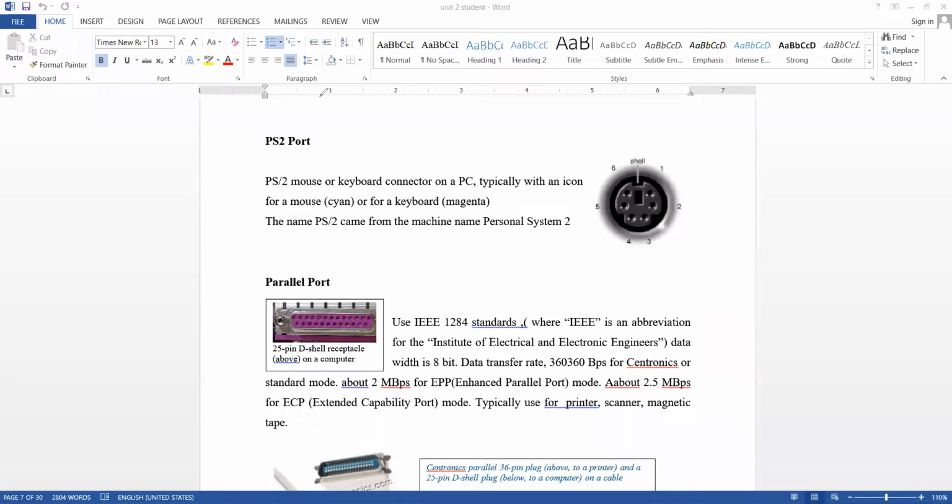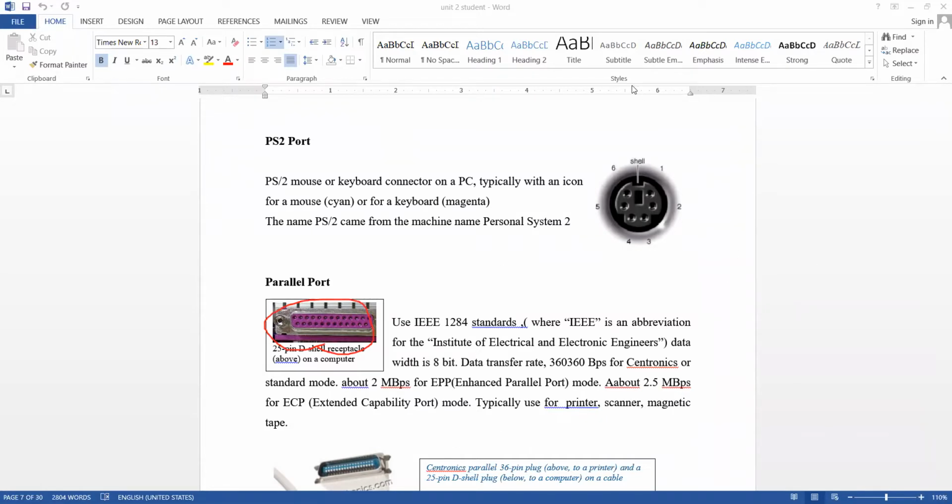Then you have the parallel port. With the parallel port we used a bit larger one, with 25 pins. This is used to connect printers.